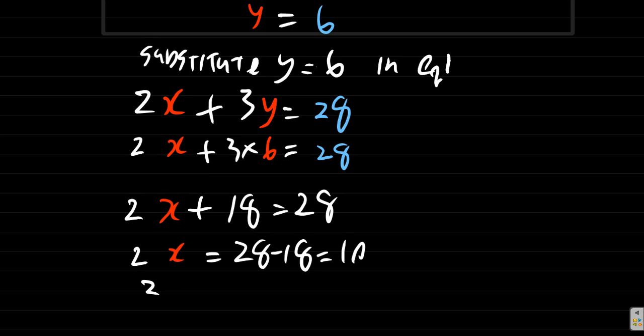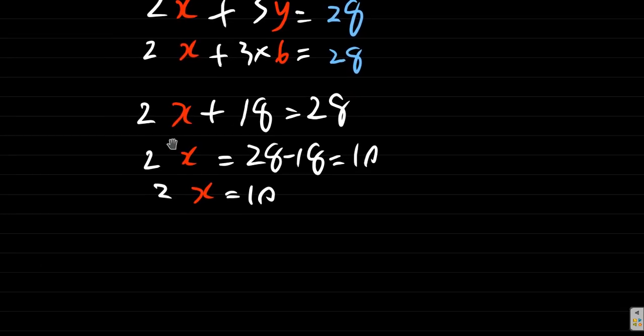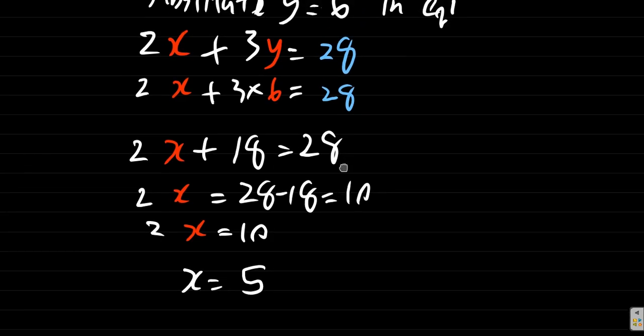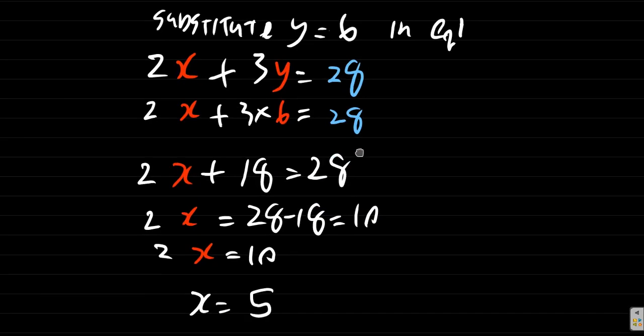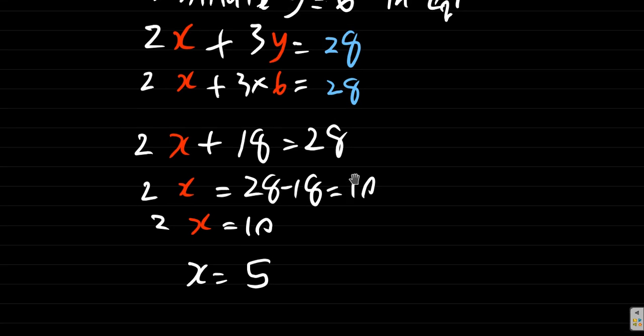So 2x is 10. Which number do you multiply 2 by to get 10? It's 5. What you could do is divide both sides by 2, and say x is equal to 10 over 2, which is 5. So you get your solutions. y equals 6, x equals 5. Alright?